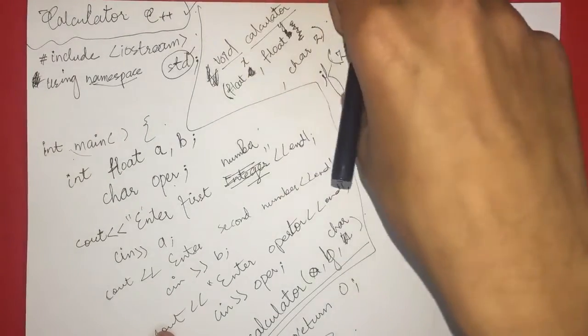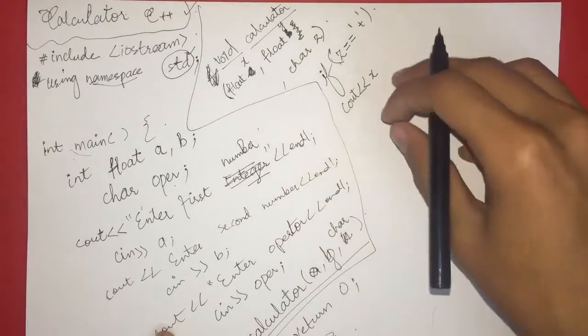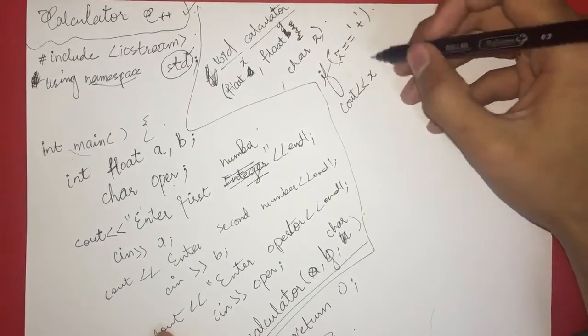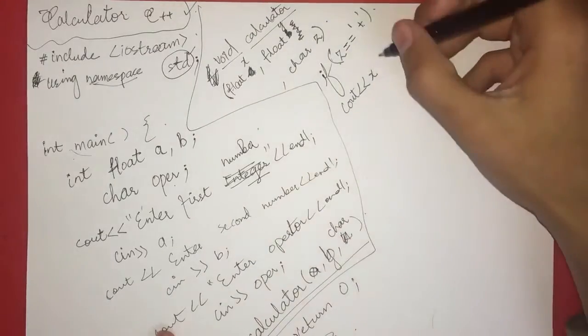All of these formal parameters in this function are going to be replaced by the actual parameters. So don't worry when I write x, y, z here, because they are going to be replaced by a, b, and operator.